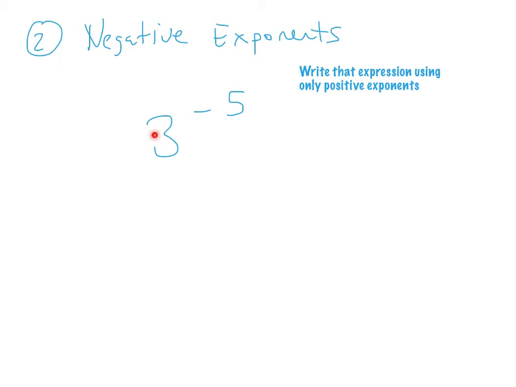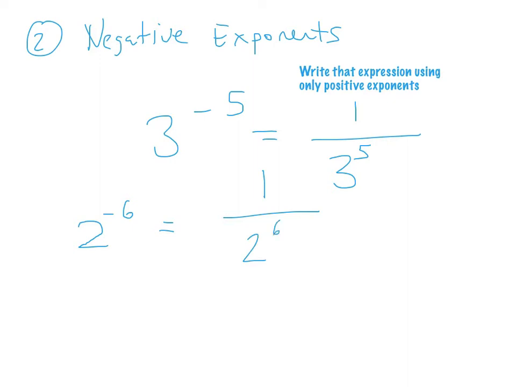Well, any number that has a negative exponent can be rewritten like this: put a 1 in the numerator over, and in the denominator goes this, except you do not write a negative 5, you write a positive 5. So if you were given 2 to the negative 6th, how would you rewrite that? Well, hopefully you would say, oh, put a 1 on top in the numerator and in the denominator do 2 to the positive 6th.